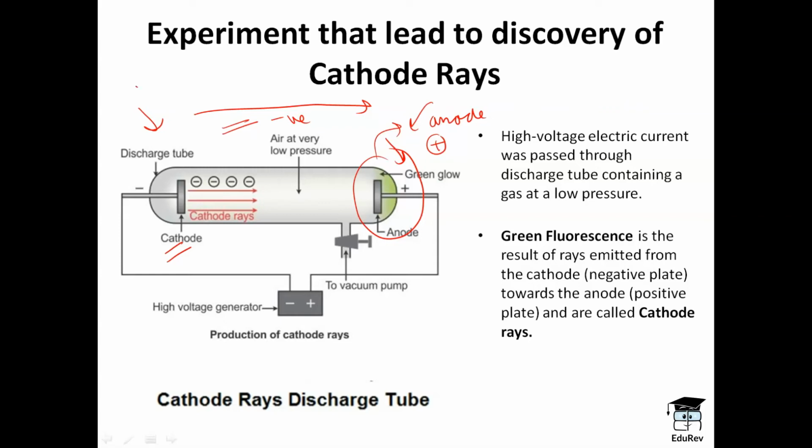There was no green fluorescent light here, but it was on anode side, which meant that the particles in the cathode rays contain negatively charged particles. These negatively charged particles were later given the name of electrons by J.J. Thomson.